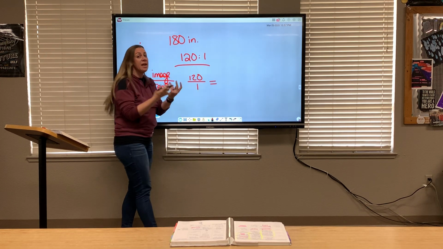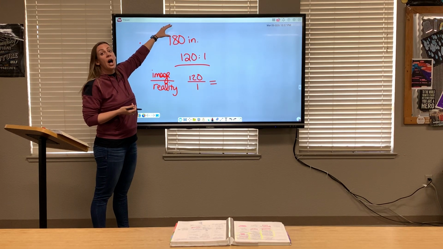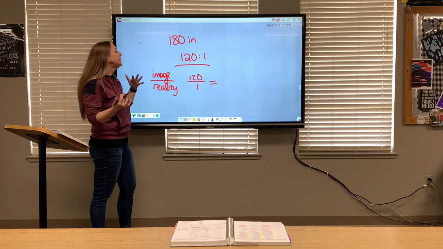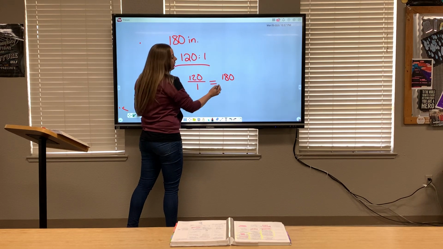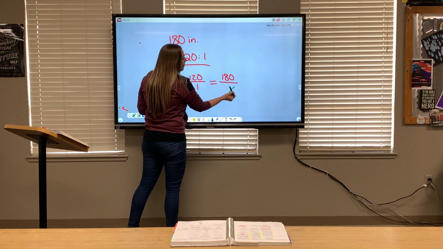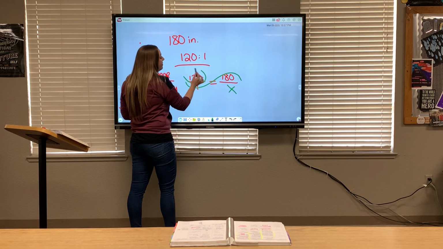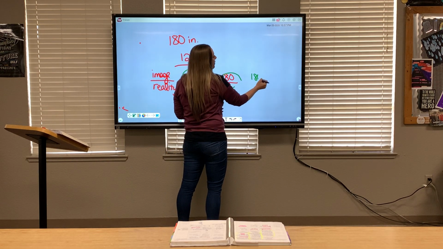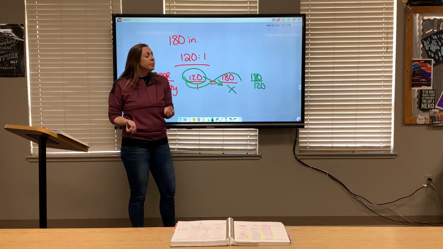Now, what they gave us was the actual image, which is the 180 inches of that strawberry that was created. That's gonna go here. And then the actual strawberry that they used to model this off of is gonna be our X. So we go 180 divided by 120 will give us that reality. Again, you could use your calculator.